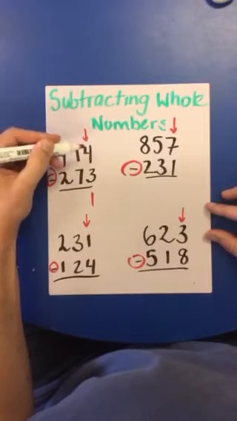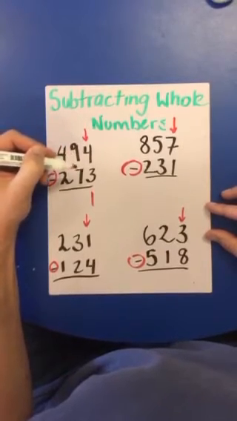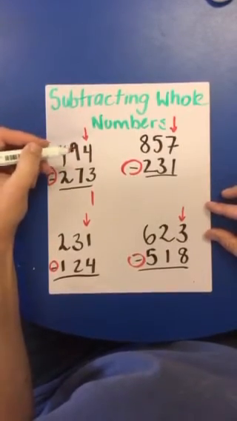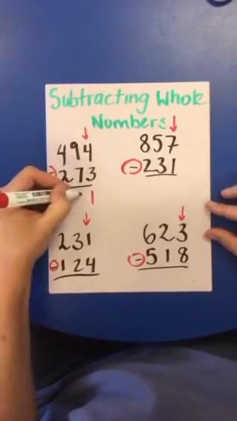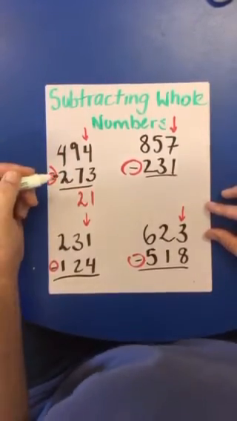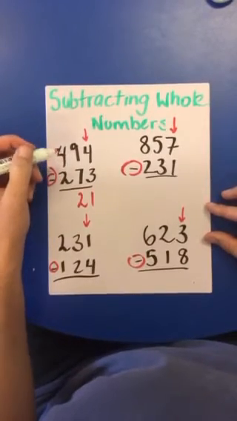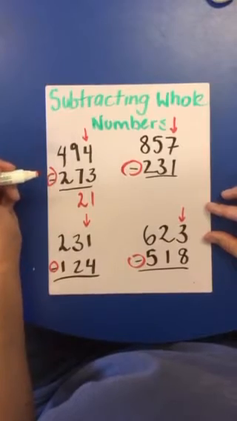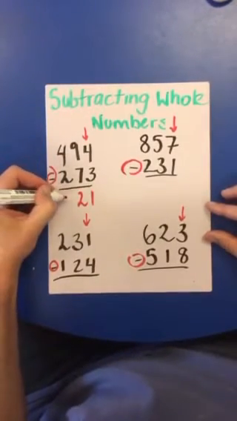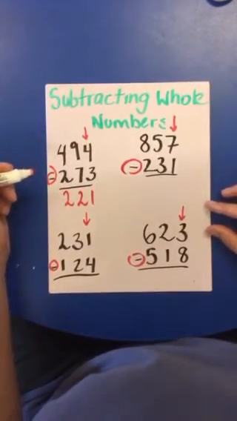That's its digit value. 90, take away 70, equals 20. And 400, take away 200, equals 200.